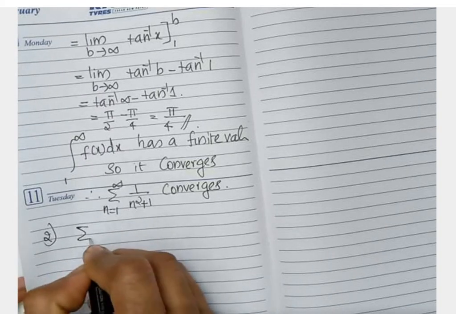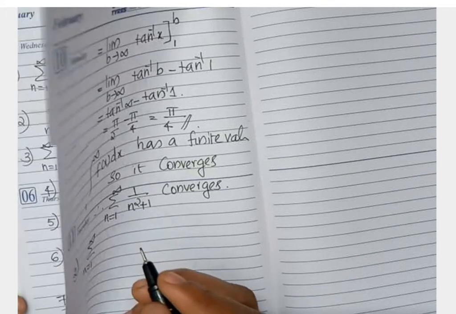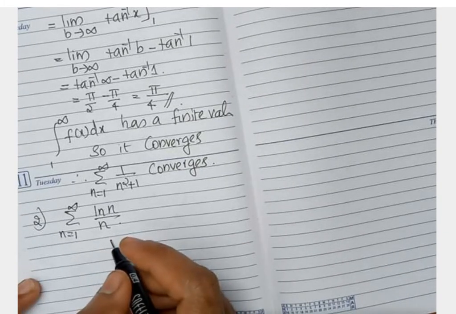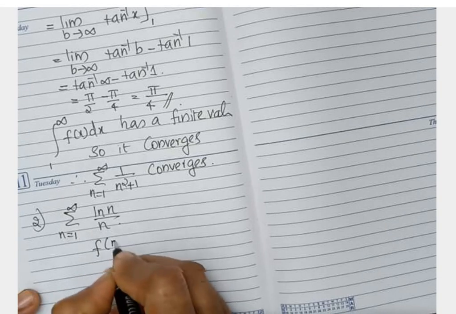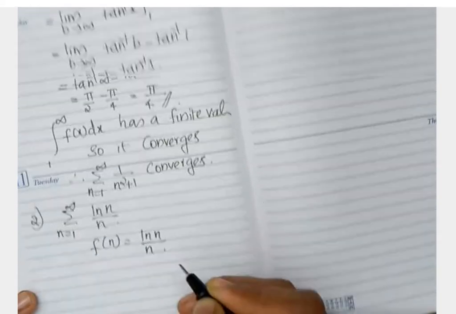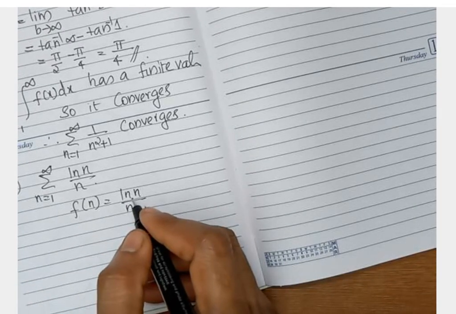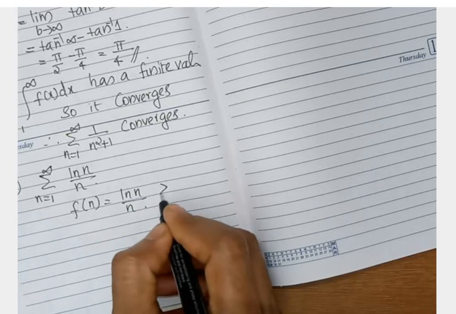The sum from n equal to 1 to infinity of log n divided by n. So here f of n is equal to log n by n. We know that log n is always greater than or equal to 0, so this is positive.